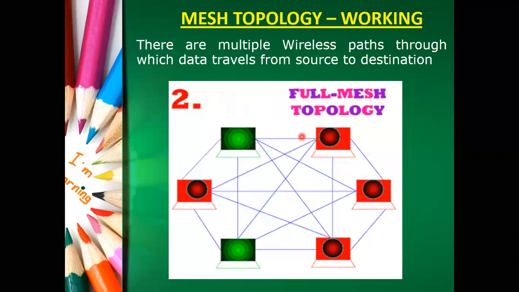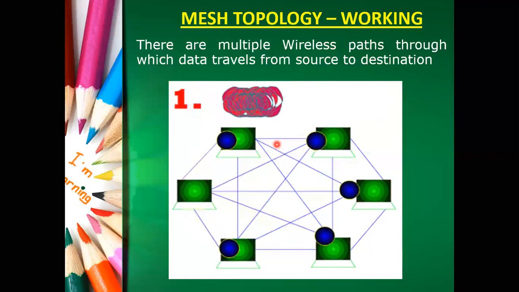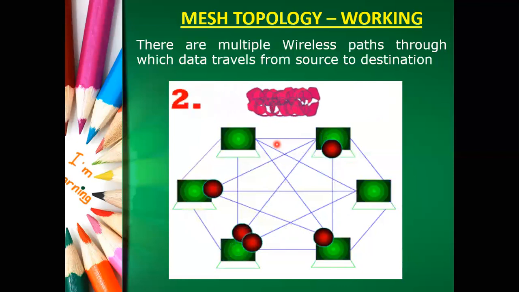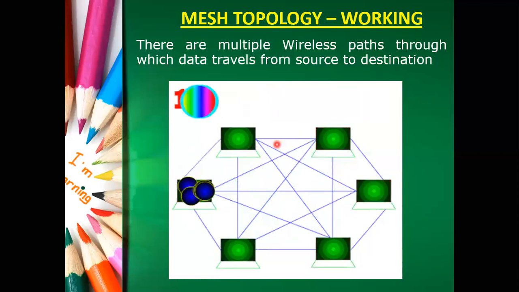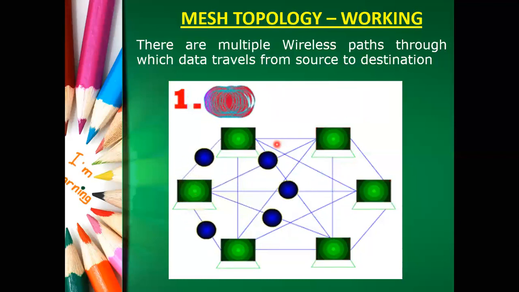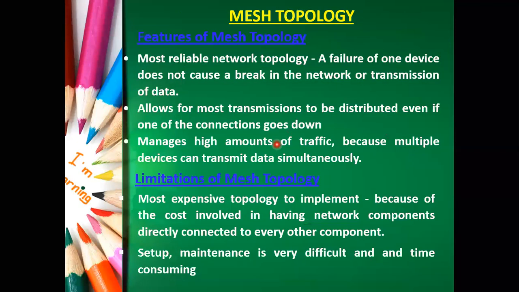So from a reliability point of view, this topology is very good, but from a maintenance point of view, this topology is not very effective, as there are multiple paths through which data will travel.